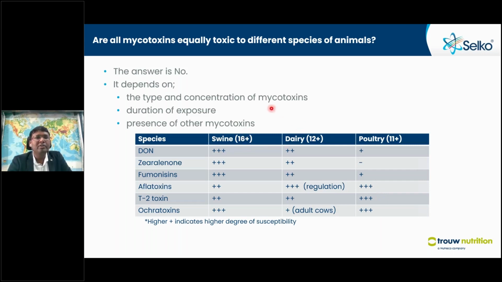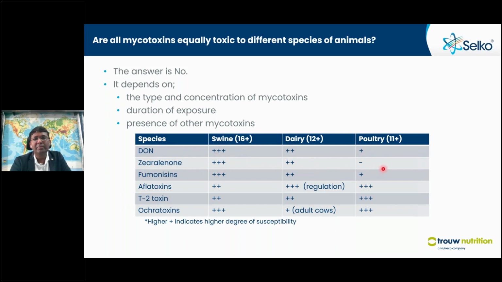It depends upon the type of toxin, the concentration, the duration of exposure, how long it's exposed, the presence of other toxins, and the order of exposure. Sometimes you have T2 toxin exposure first, then aflatoxins. That also determines it, right? With DON, swine is very sensitive, followed by dairy. The last one is poultry.